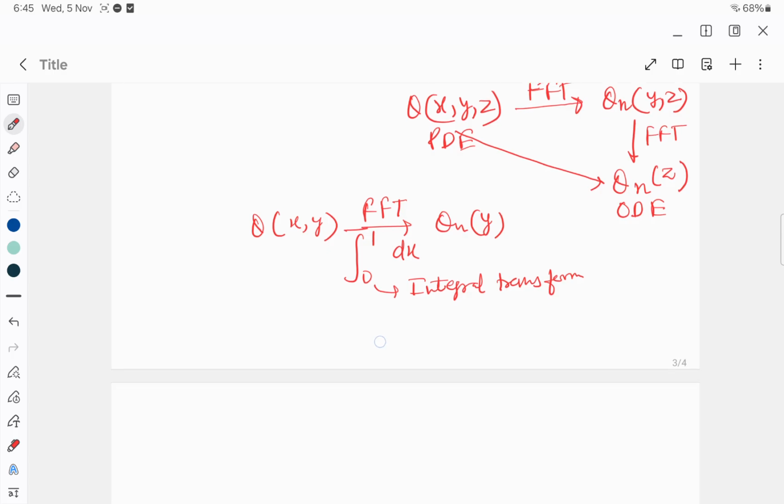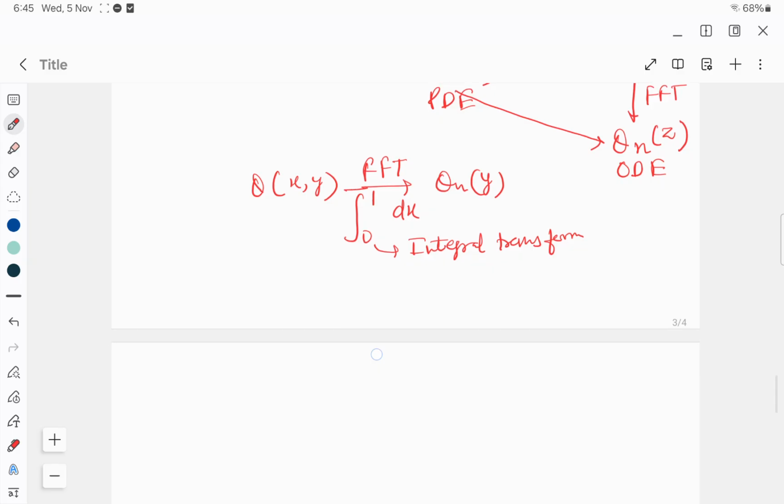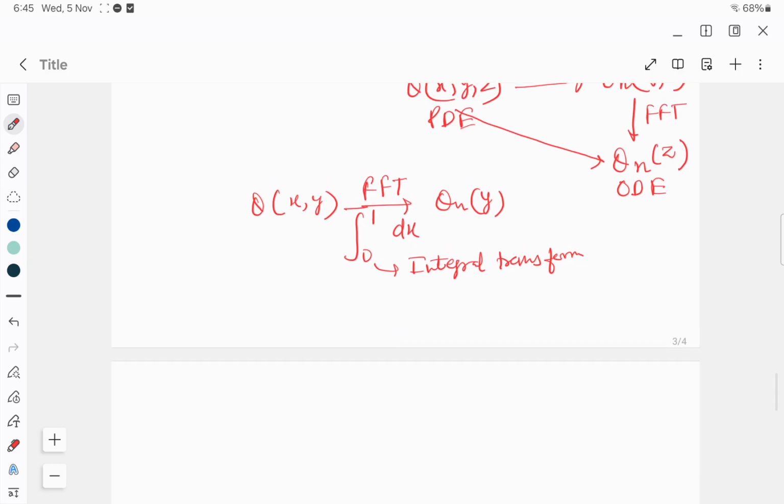Okay, so what you see here is this theta multiplied by phi n. That means the original function theta is multiplied by the basis function, and whatever result has come must be integrated from 0 to 1, the finite interval.